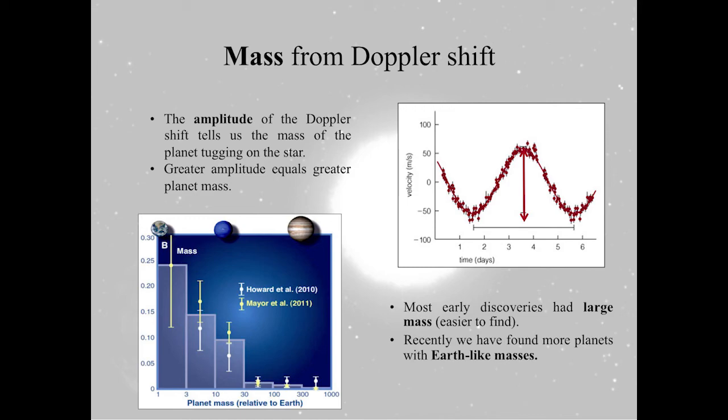So you can see, again, we continue to add to what we knew about these planets using indirect methods. So what did we find? Well, most of the early discoveries had large masses. Why? Easier to find. As our earlier technology wasn't quite so sensitive yet, it was easier to find planets with larger mass. They had a greater effect on their star's motion. But over time, we've improved and refined the technology, and we can now find planets with lower and lower and lower masses.